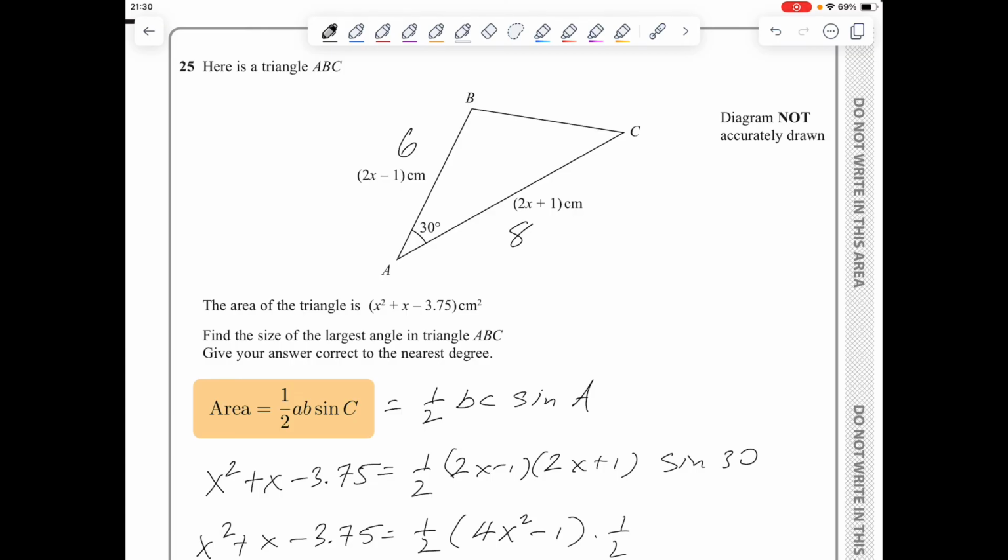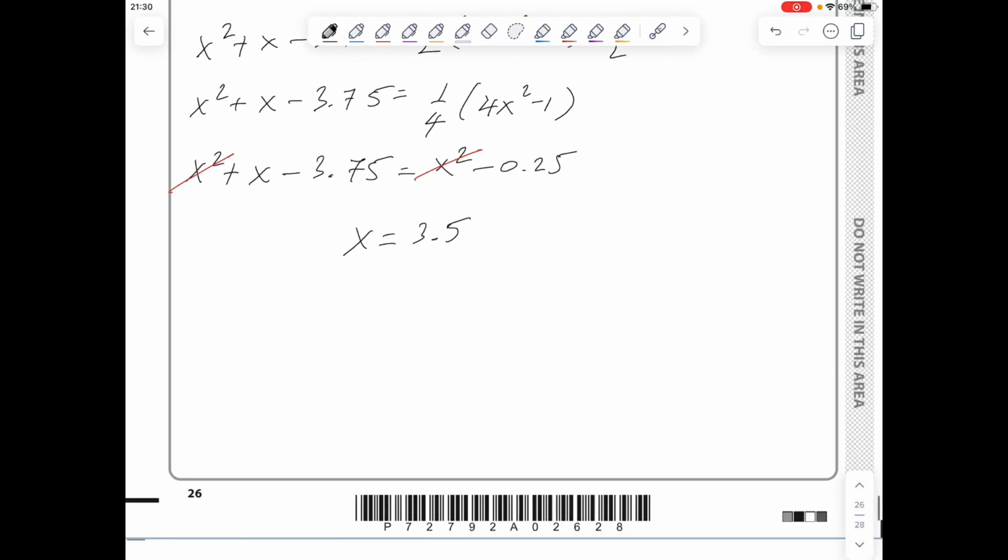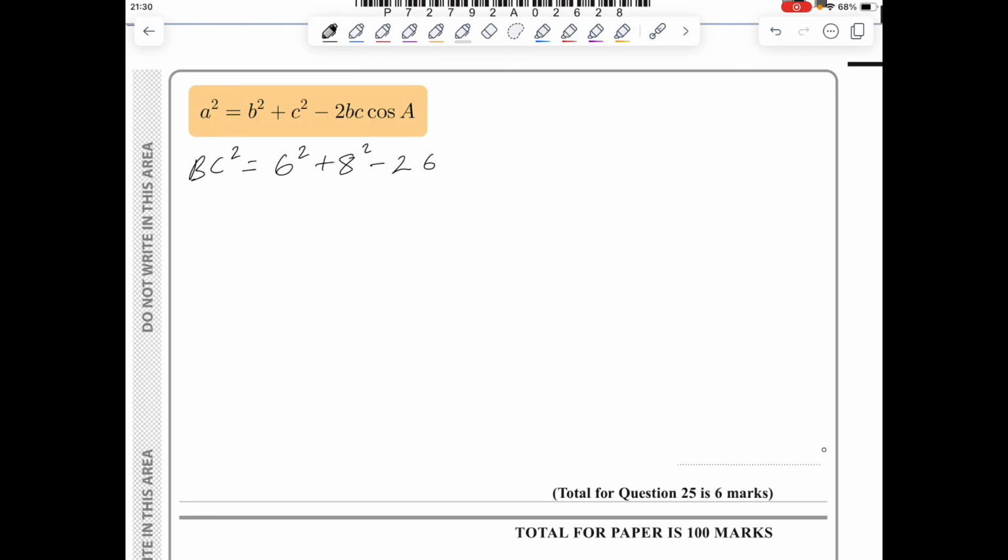So now I'll need to find the largest angle. I cannot work out any of the angles without BC, so I'll use the cosine rule to find BC. The formula for the cosine rule is the following. BC squared is equal to 6 squared plus 8 squared minus 2 times 6 times 8 times cos of 30.